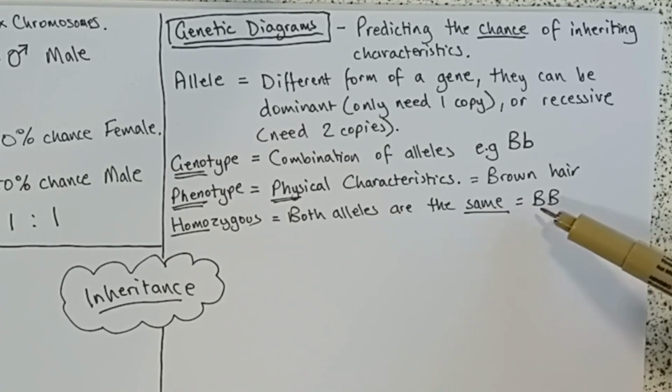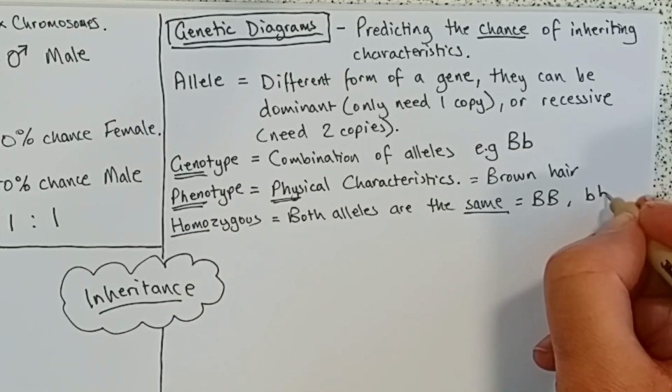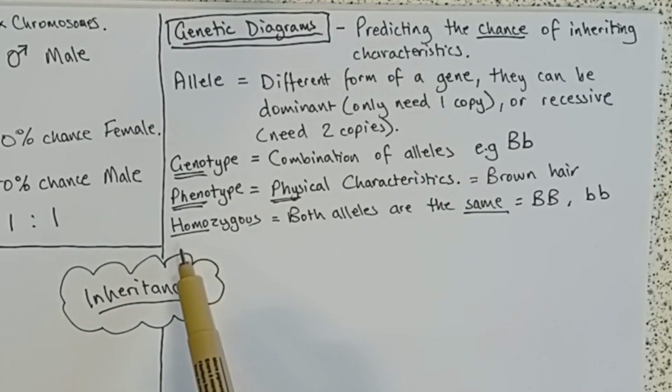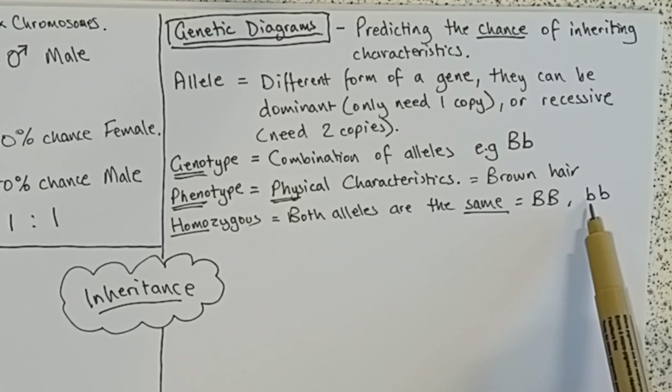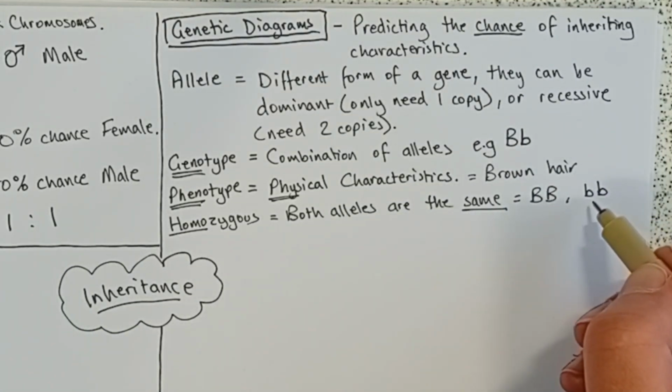They've got 2 alleles for brown hair, and they're the same. If somebody was little b, little b, they'd also be homozygous, but this time they'd be homozygous recessive. They've got 2 recessive alleles, so this person would have blonde hair.